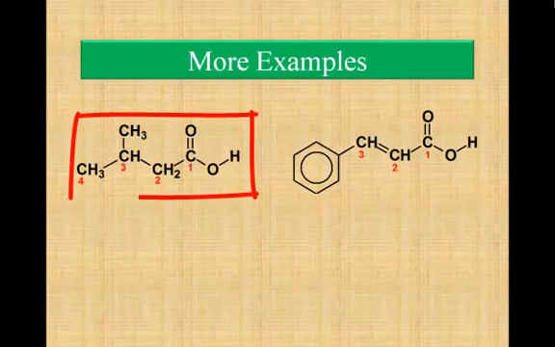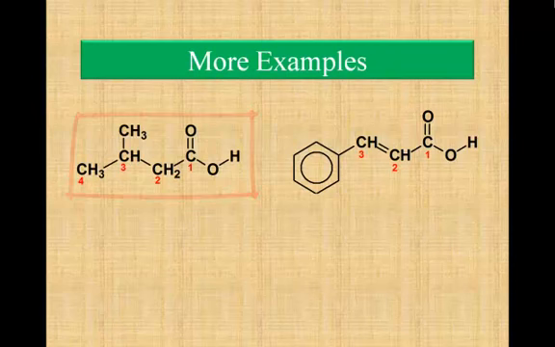This molecule here has 1, 2, 3, 4 carbons in the parent chain. We also have a methyl group as a substituent, but remember that carbon number 1 must be my carbonyl carbon. So this molecule would be 3-methylbutanoic acid. Our second molecule is a little more complicated.